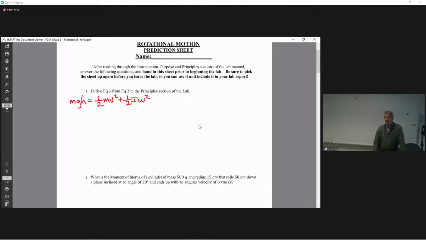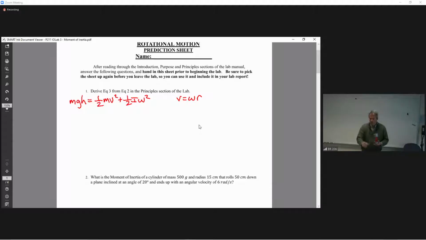But since this object, when it gets to the bottom of the inclined plane, is rolling, then it must be true that v is omega R. But what R? Let's think about this carefully. What R is that R in v equals omega R?